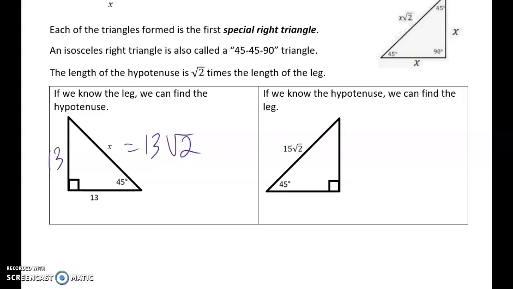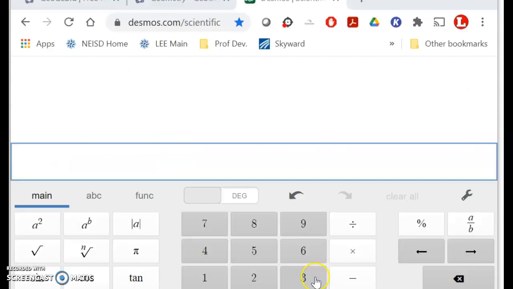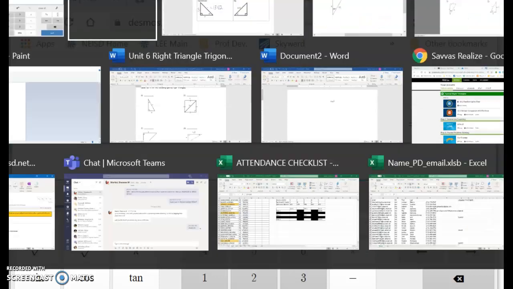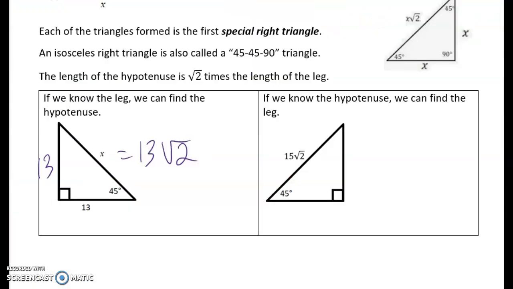It doesn't really matter what the numerical value is if we're writing it as a radical. If I wanted to determine what that was numerically, I would simply enter it into a calculator. It would tell me that it's about 18.4.